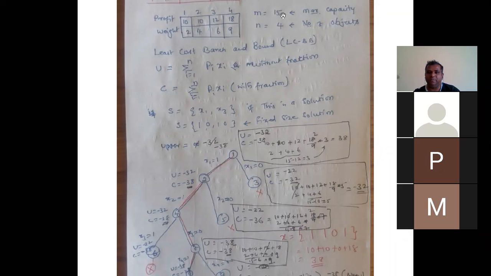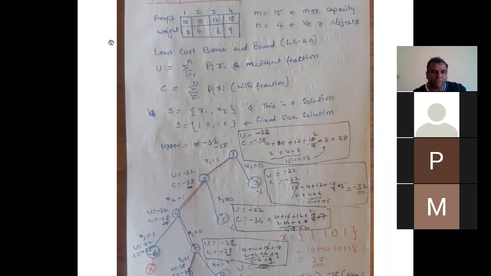The fourth object weight is 9, so we can't consider the fourth object. The total value is 10 plus 10 plus 12, which gives 32. You have to make it negative, so the U value is minus 32. This is the discrete value.